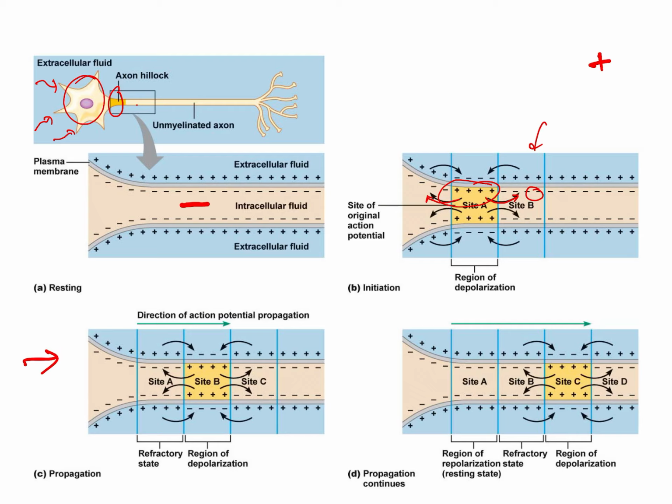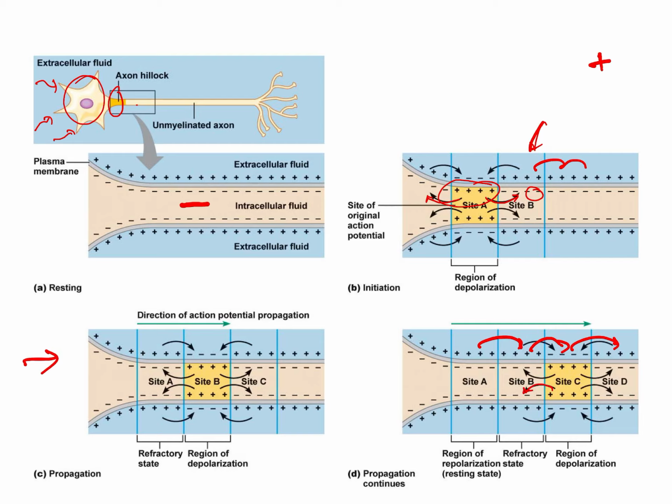These ions are flowing inside the axon, and the membrane becomes further depolarized, leading to an explosive flow of sodium inside the cell from these voltage gated sodium channels. So this part of the axon now gets depolarized, and so on and so forth. So it goes from site A to site B to site C to site D.